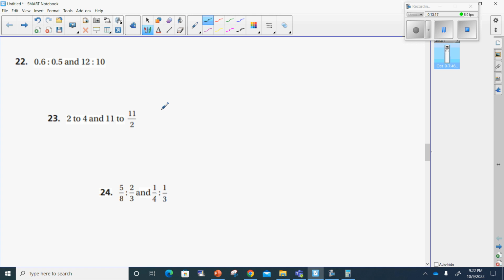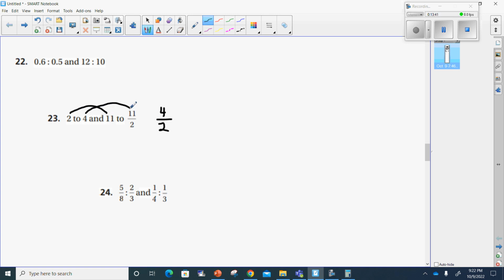I think the book says this is 4 to 2. And remember, we're trying to get 11 to 11 over 2. So that means we divided this by 2.